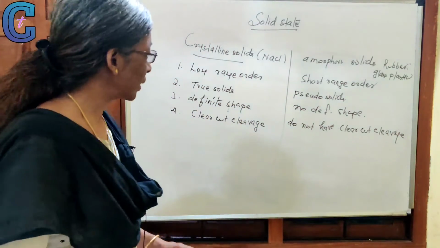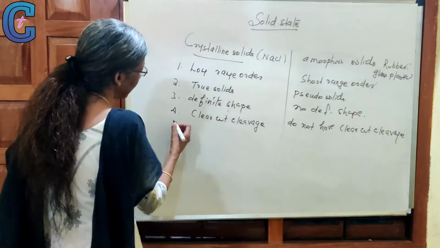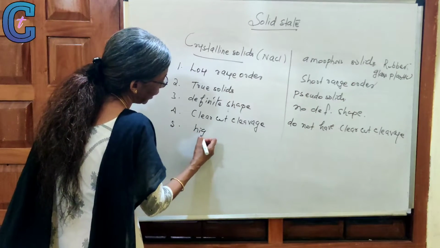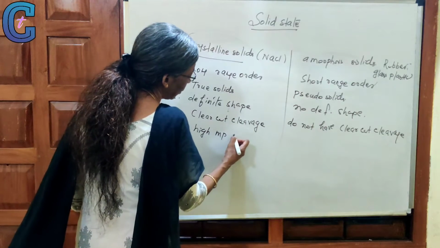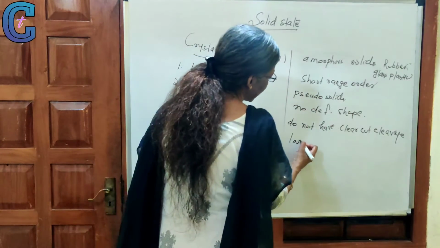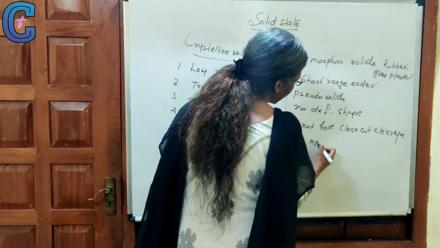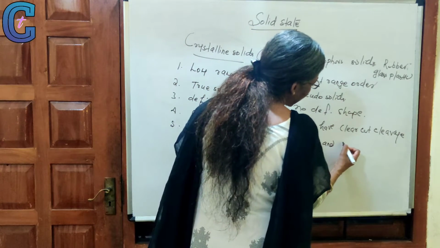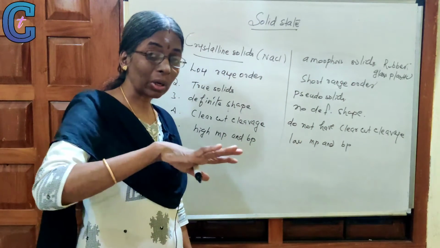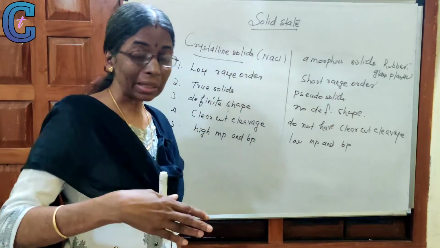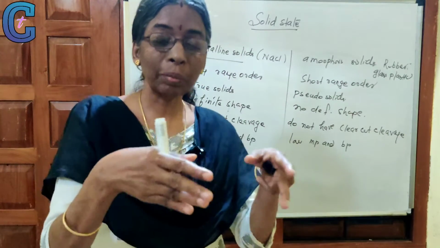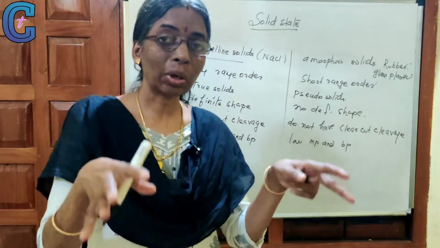Next, a very important point: crystalline solids have high melting and boiling points. Amorphous solids have low melting and boiling points. In crystalline solids the particles are closely packed in a particular order, so to melt it that order has to be broken, and you have to apply more and more temperature.